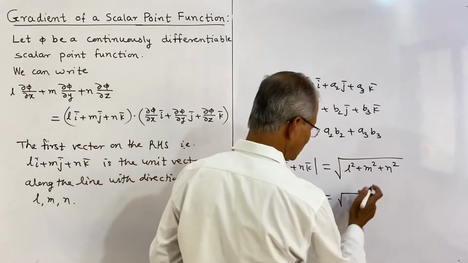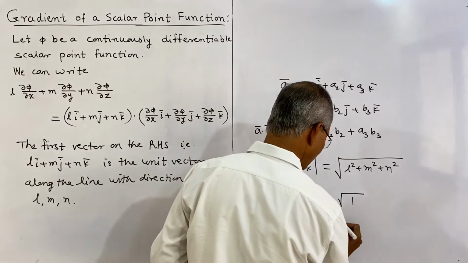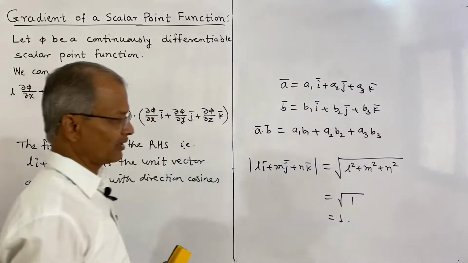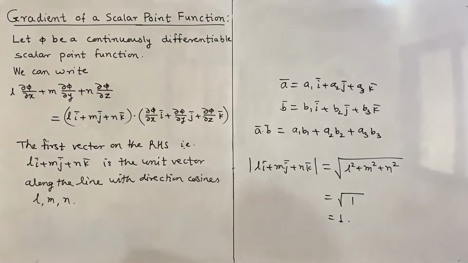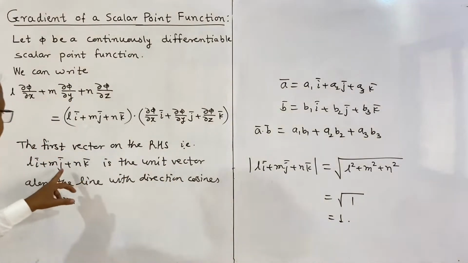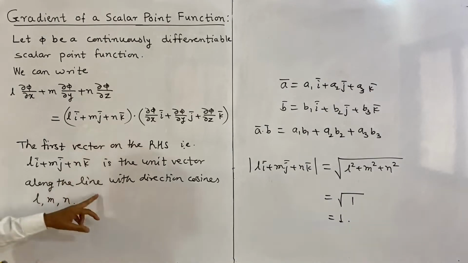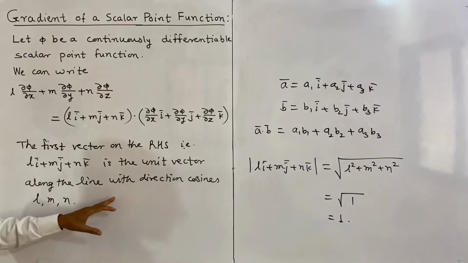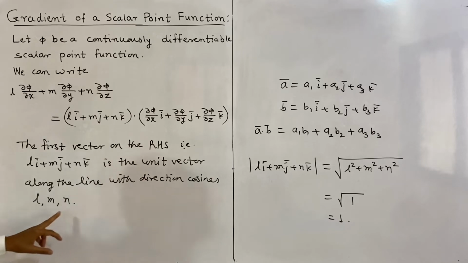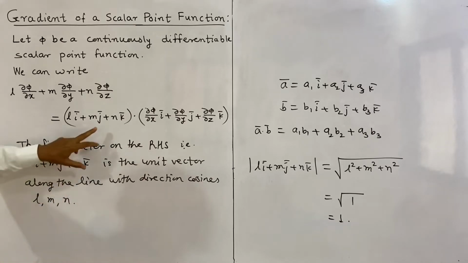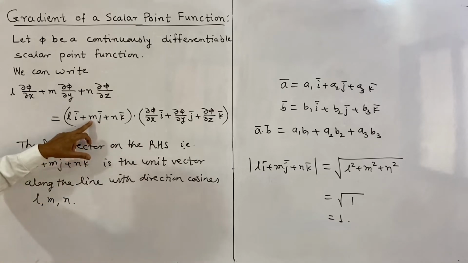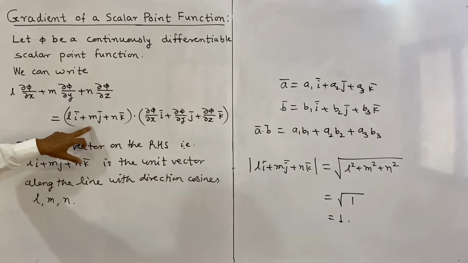So this expression is exactly equal to 1, and root 1 we consider as 1, the positive magnitude, and thus the magnitude of this vector is 1. Therefore, it is a unit vector and it is in the direction of the same line, the line having direction cosines l, m, n. So, this is the unit vector along the line.